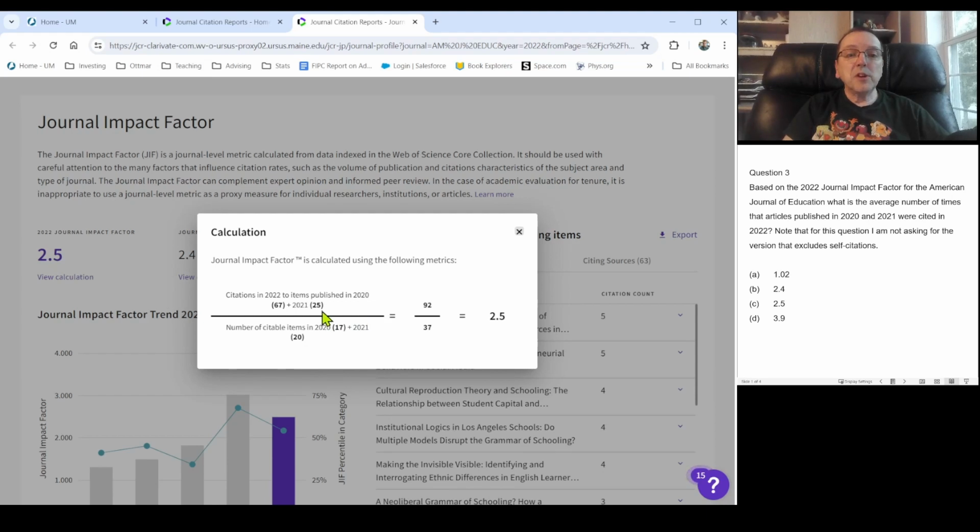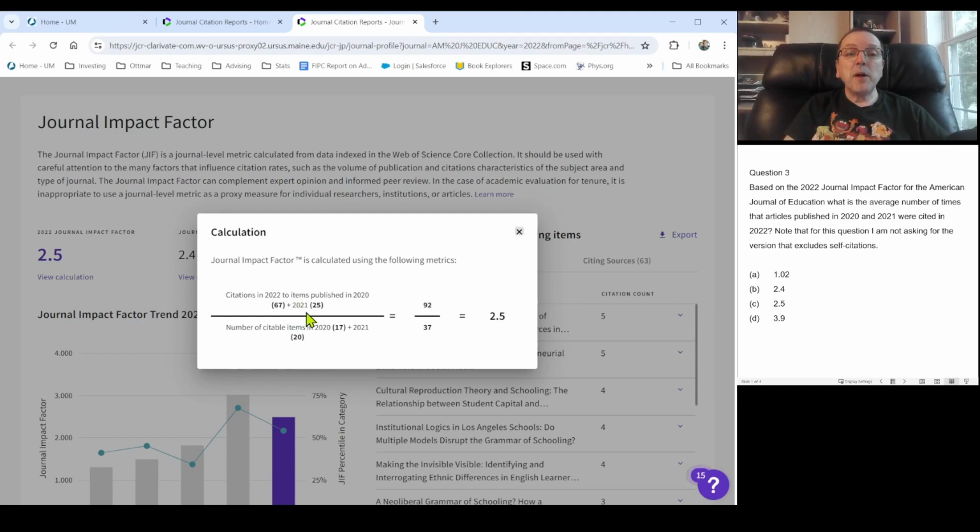And of those, you see in the numerator, those 37 articles were cited a total of 92 times. I'm sorry, the articles that were published in 2020 were cited a total of 67 times in 2022.